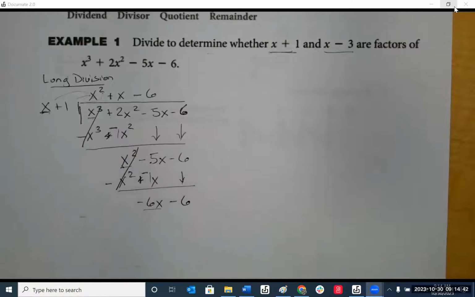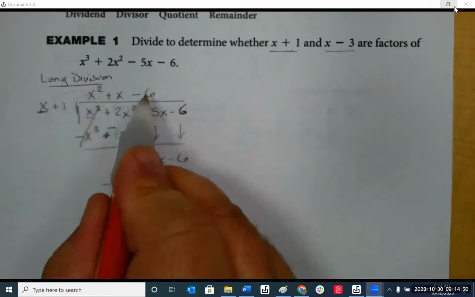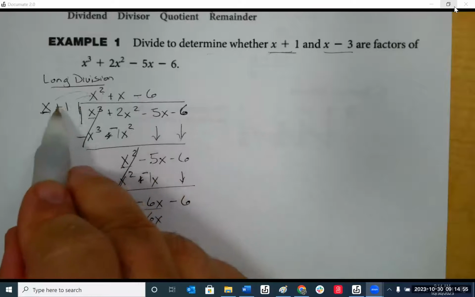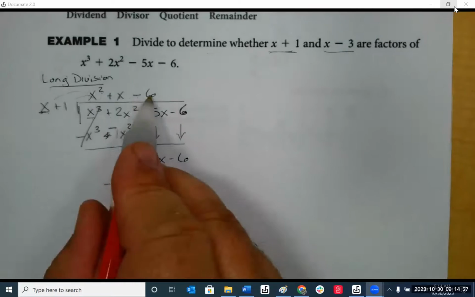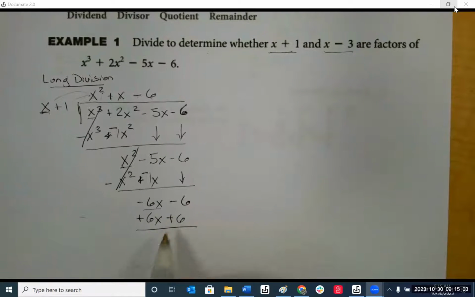So keep on looking, make sure that happens. If that doesn't happen, again, something's wrong. So negative times positive is negative. 6 times x is 6x. Negative times positive is negative. 6 times 1 is 6. Change the signs and add.